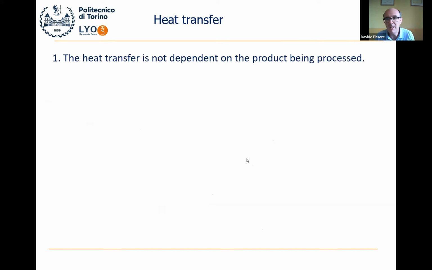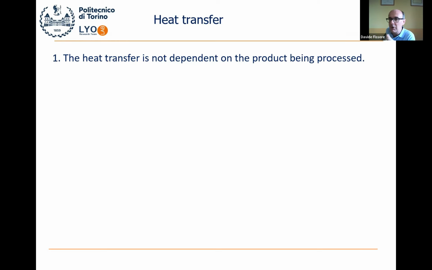apparatus. First point, the heat transfer is not dependent on the product being processed. Talking about heat transfer, we talked about the radiation from the rail, radiation from channel walls, conduction in the gas, about the heating fluid. We are not talking about the product inside the vial.